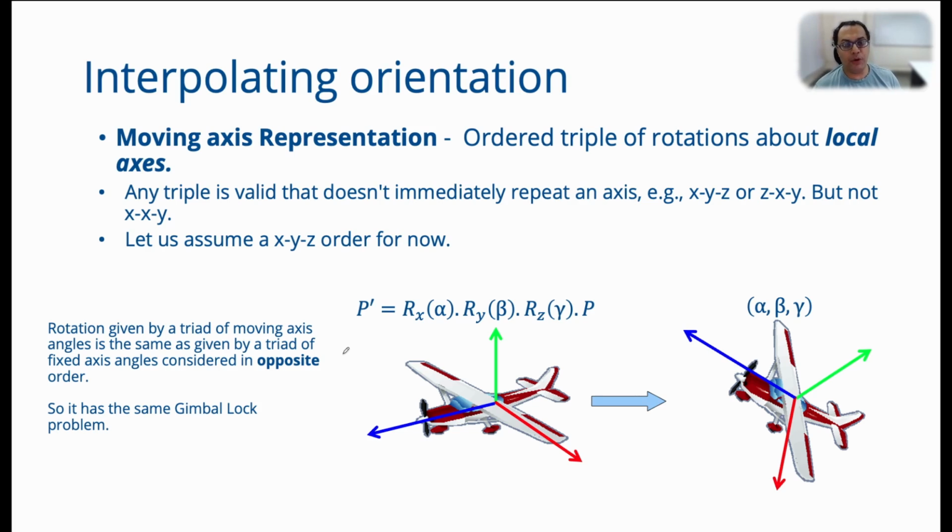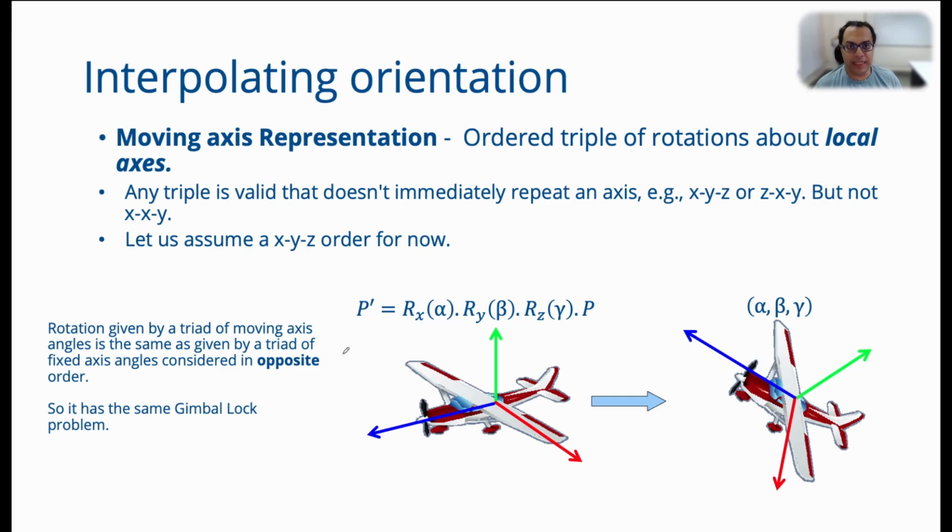However, if you are observing the aircraft and you are inside the aircraft while the aircraft is changing its orientation, then your axis is going to change with that of the aircraft, and it is a moving axis representation. The orientation of the aircraft, however, may be the same in both cases. It is just a different coordinate frame of looking at the same orientation. The representation is still a triplet of angles.